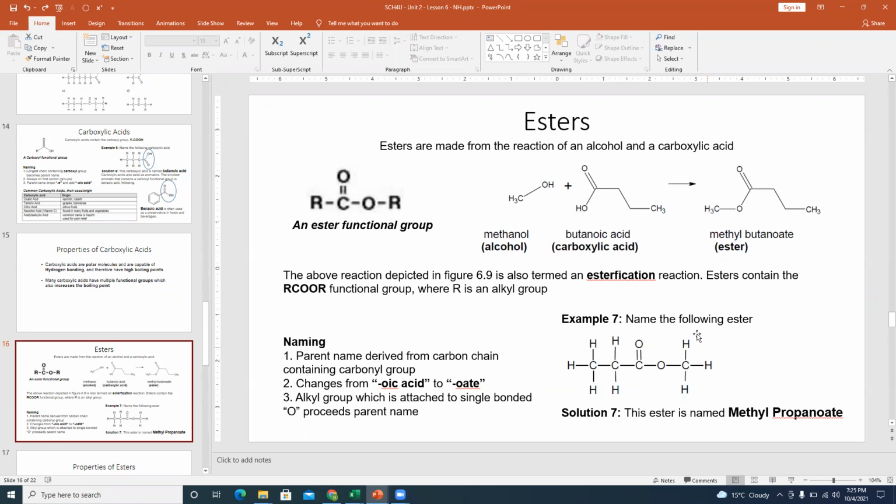So it could be a methyl propanoate. If it was 2 carbons over here, it would be an ethyl propanoate. If it was 3 carbons, it would be a propyl propanoate, and so on and so forth. And you base it on the parent containing the carbonyl.